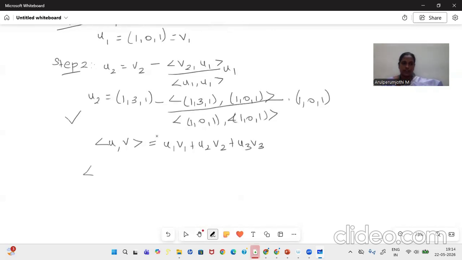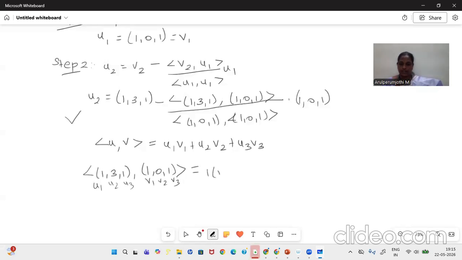First take your numerator, inner product of (1, 3, 1) and (1, 0, 1). Use this formula to find the inner product.